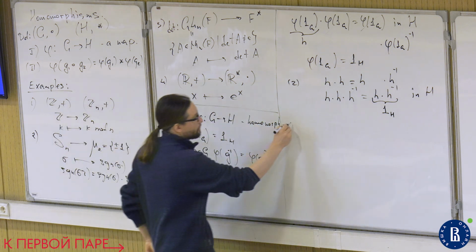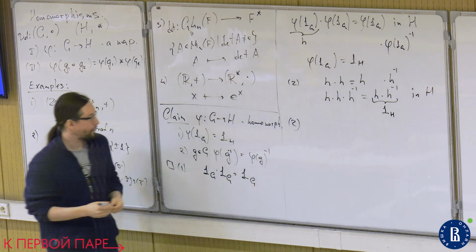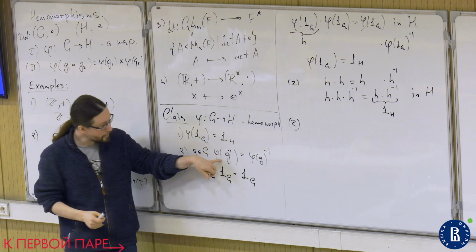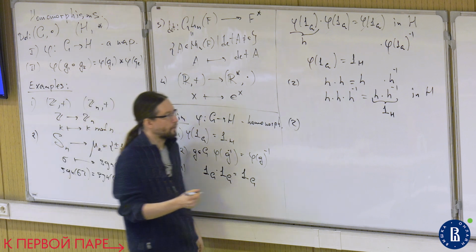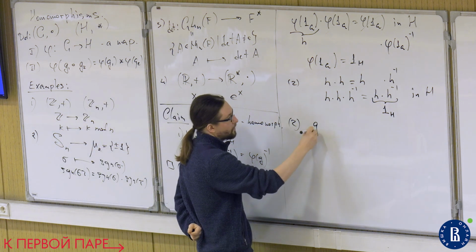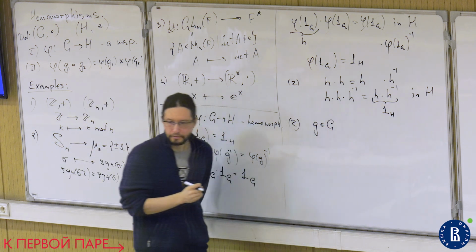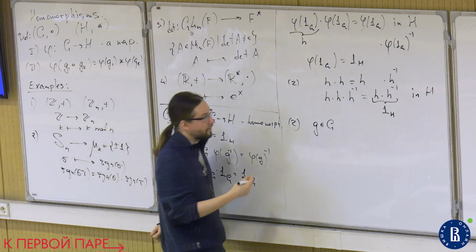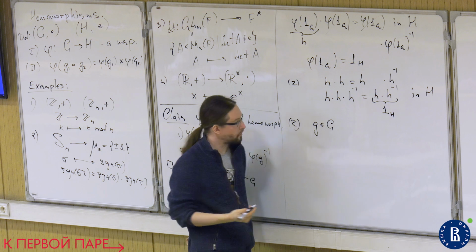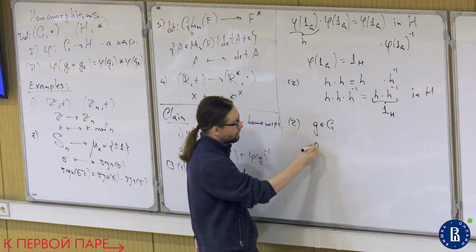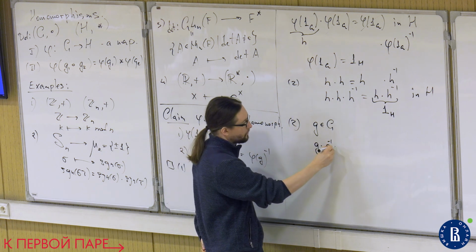Okay, no problem. The second part. Now we want to show that phi preserves g inverse. Again, let's take an arbitrary element g from capital G. Then, well, we have to use the definition of the inverse element. Well, what is the inverse element?